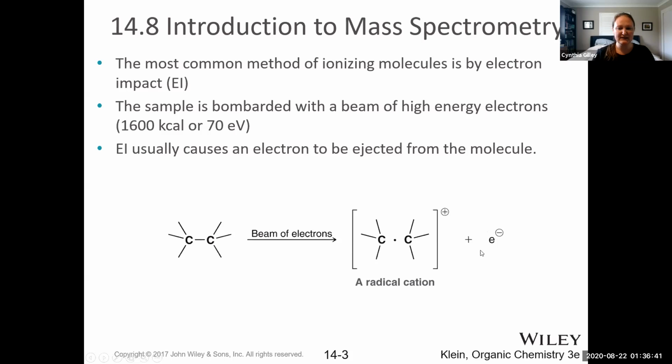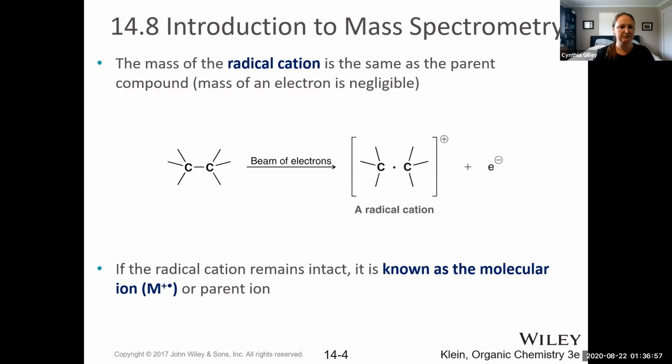When that happens, you get what's called the radical cation. It's called that because, once it's lost an electron, it has an unpaired electron. That's called a radical. And one of the carbons has less than an octet, so it's a cation as well.